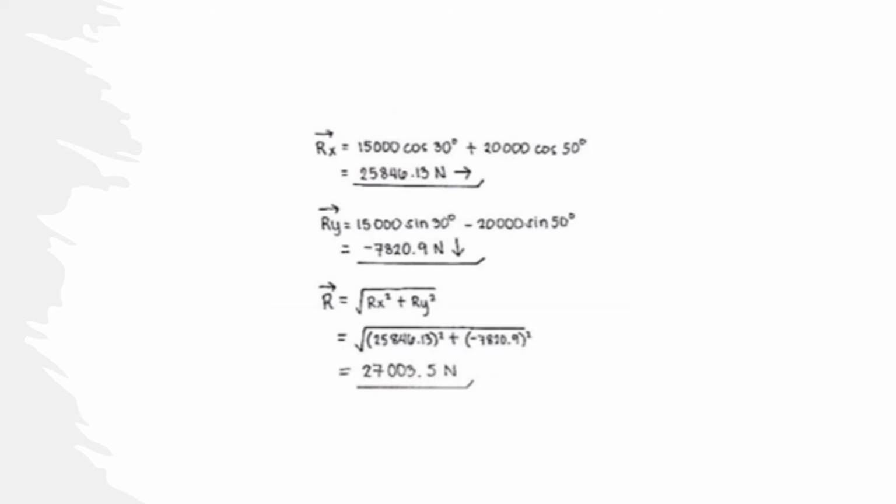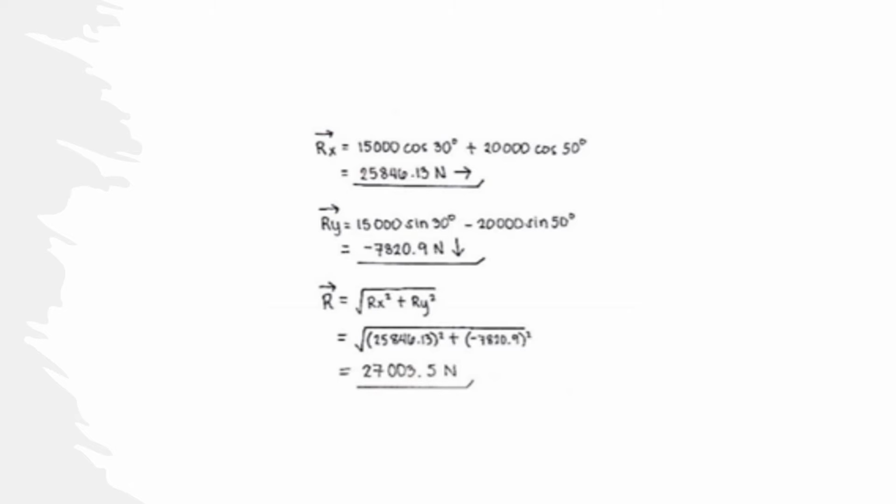So first, we have to draw a diagram to visualize the problem better. In the first diagram on the left side, it represents tugboat A, which exerts a 15,000 newton force at an angle of 30 degrees, and on the other side represents tugboat B. So to get the resultant in the x-axis, Rx is equal to 15,000 cosine 30 plus 20,000 cosine 50, which is equal to 25,846.30 newtons.